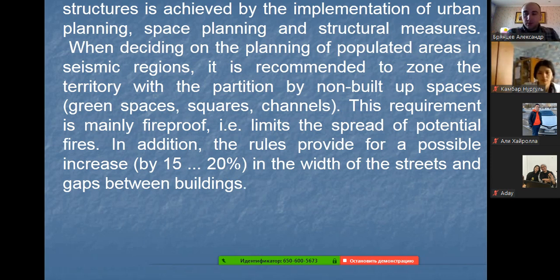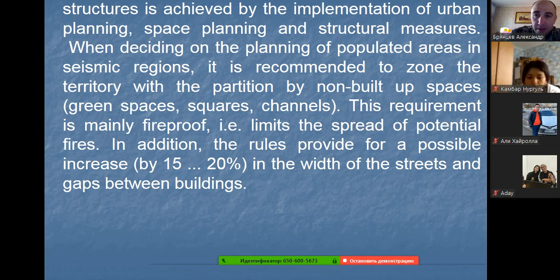Urban planning is a plan of the site where the building will be located. Space planning is the right design of the building itself, and structural solutions are the right constructional solutions which will protect the building from collapsing.